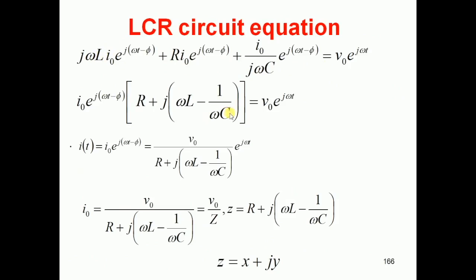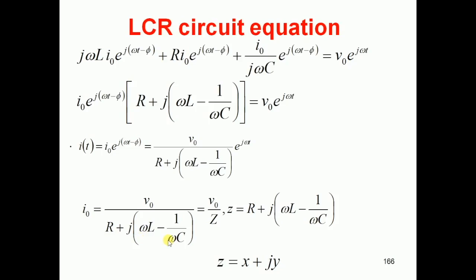I again recommend the beginners to pick up a piece of paper and try this equation on their own, and you can see that I0 is equal to V0 upon R plus j taken common, omega L minus 1 upon omega C. So here the term in the denominator is a complex number, real part plus imaginary part.